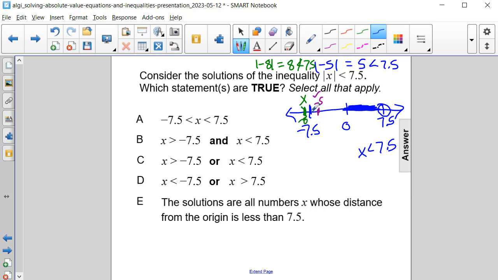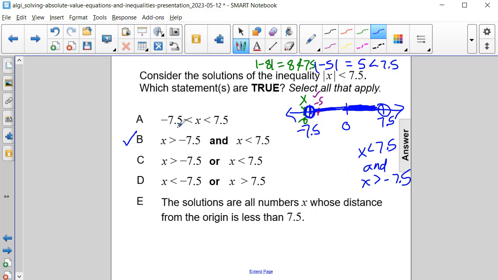Therefore, we're going to be shading to the right of negative 7.5, and we're not including that value, so we have that open circle. So we have that x is less than 7.5, and x is greater than negative 7.5. Well, that tells us automatically that answer choice B is a correct answer.